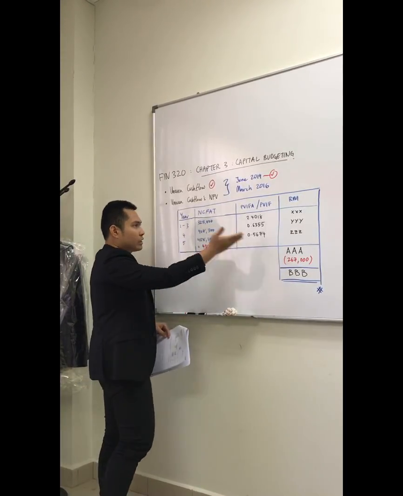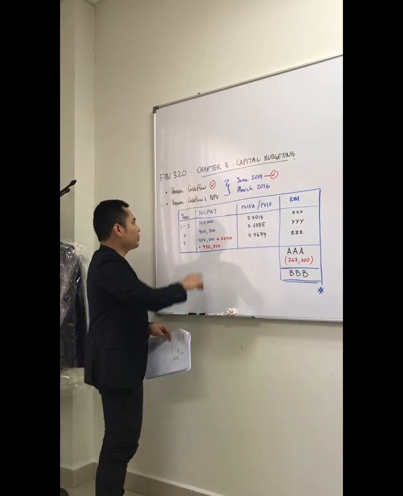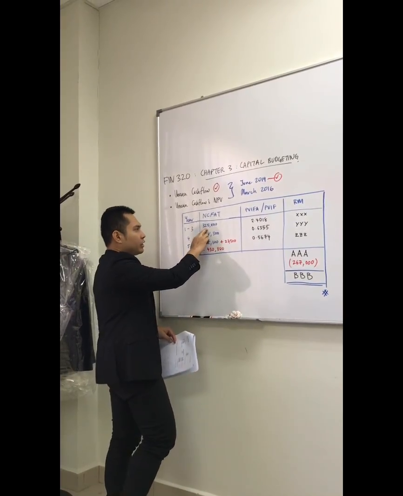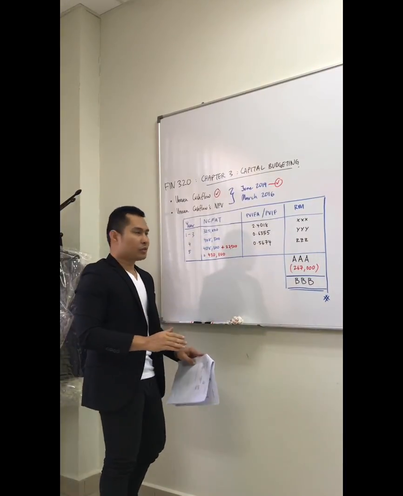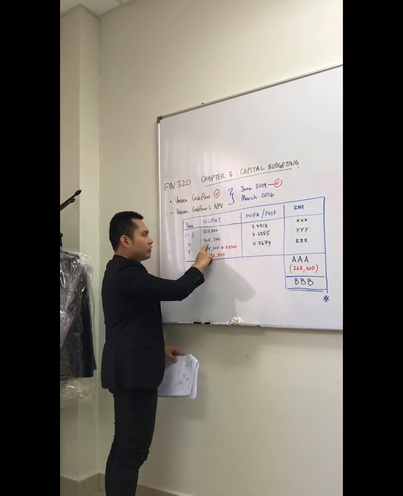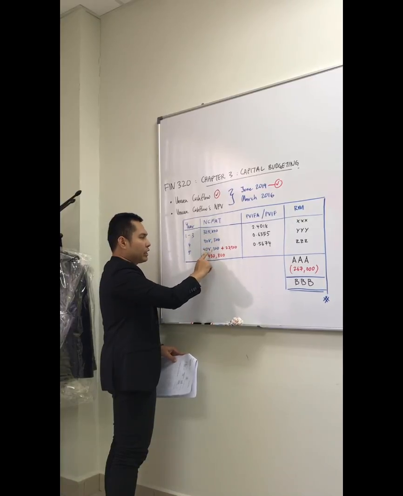You do this table, and you put year 1 until year 3, 325,800, and year 4 and year 5, you separate it into 2, 408,300, 408,300.